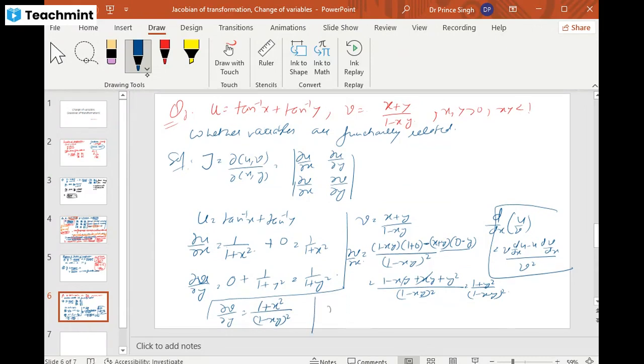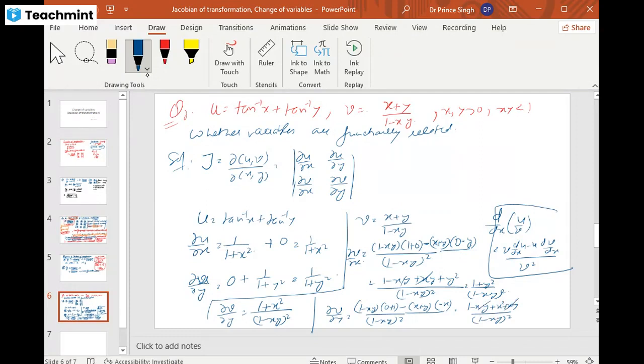Otherwise, we can calculate with the help of the formula also. 1 minus xy as it is, times the derivative of x plus y with respect to y, which is 0 plus 1. And this time x plus y as it is, times the derivative of 1 minus xy with respect to y, which is minus x. So this comes out to be 1 minus xy plus x square plus xy upon 1 minus xy whole square.